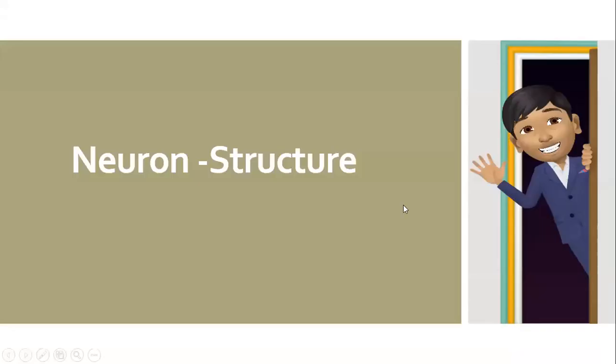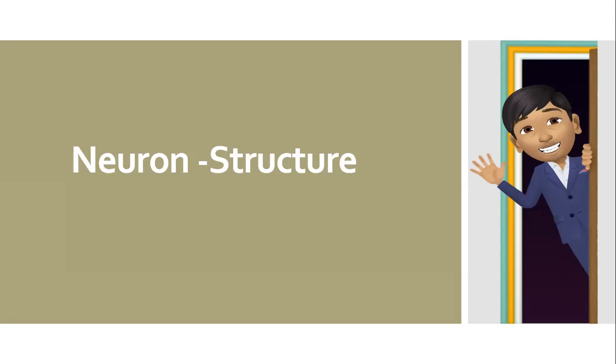Yeah, neuron and its structure. So what do you mean by neuron? It is simply a cell body. You can compare it, from physics knowledge, to an atom. So these atoms are like neurons, part of the nervous system.